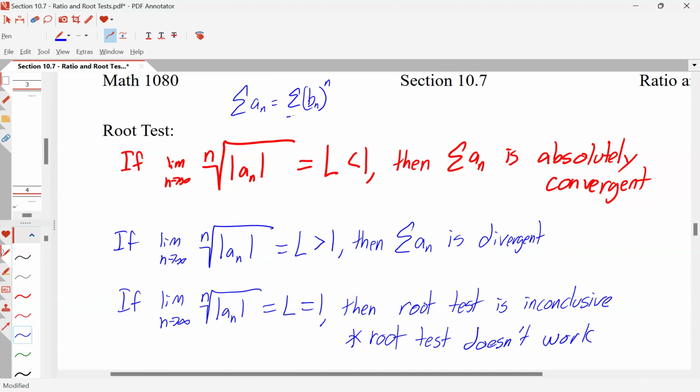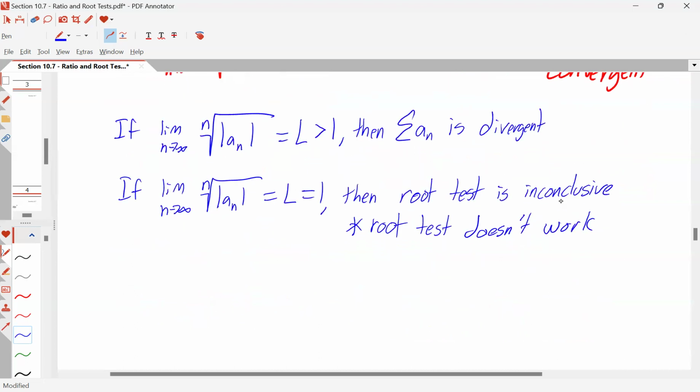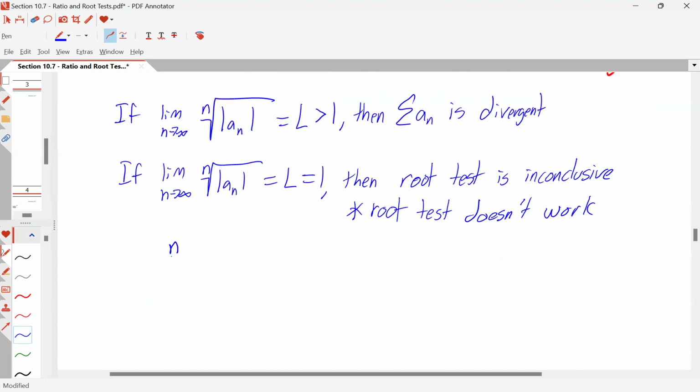So this works best if we have some exponent of n on everything, and that's going to be the types of examples we'll look at. And if we have a series that has that form, then the root test is going to work really quickly on these. A few notes before taking a look at those examples.